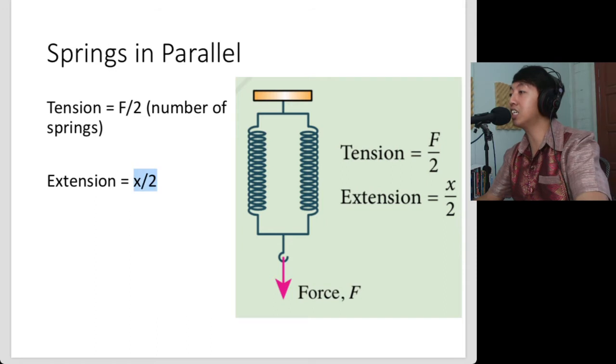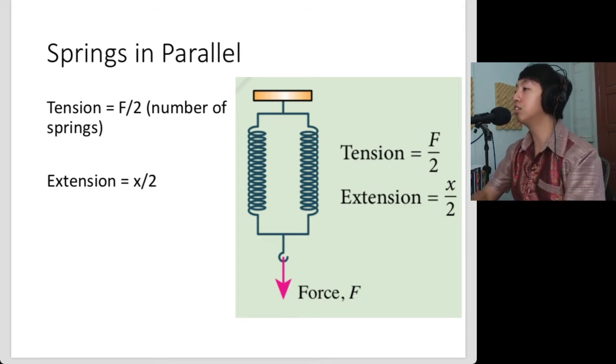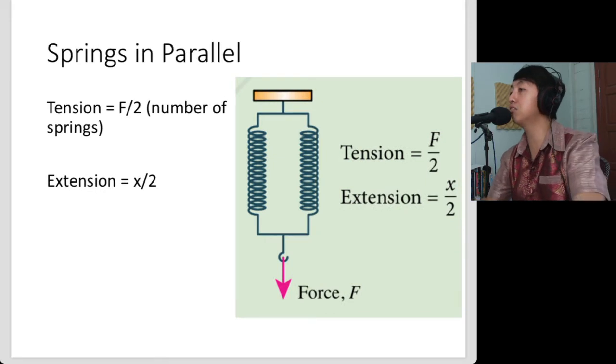Okay, and the extension, sebab tension ataupun jumlah daya yang dialami oleh setiap spring sudah dikurangkan ataupun dibahagi 2, dia punya extension pun kamu kena bahagi dengan 2. Or kalau 3 spring bahagi dengan 3, and so on and so forth. And so there are some interesting questions lah that we can solve.